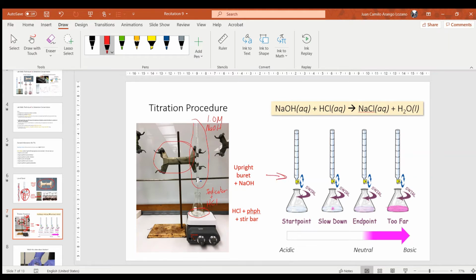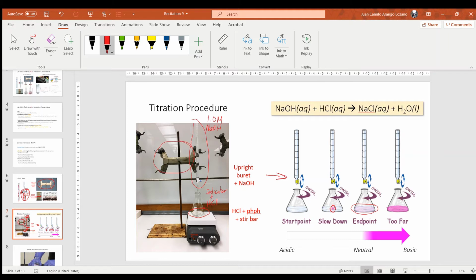As you can see, at the starting point, you cannot see any kind of change in color whatsoever. However, as you start adding more sodium hydroxide volume, you will start seeing a very light change in color, a pink color, and at some point you will see that the pink color remains constant.